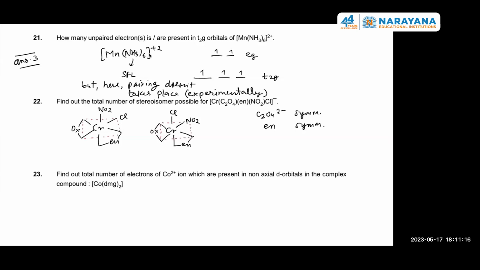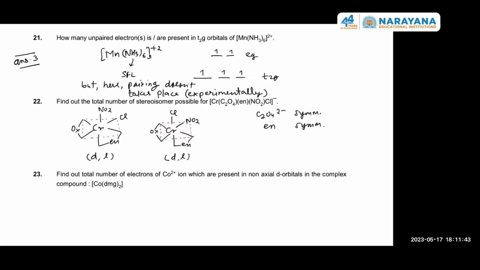Okay, so these are the two cases when oxalate and en are adjacent to each other. Okay, Vishrut, you are getting the correct answer. See, in this situation they both are optically active. So we will have D and L both pairs over here. It is optically active, and it is also optically active. We have DL pairs.